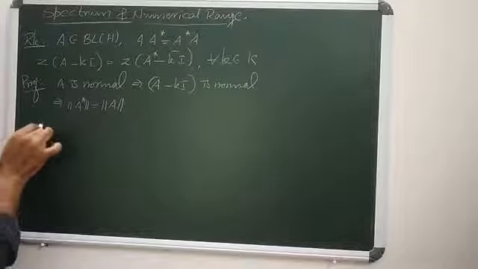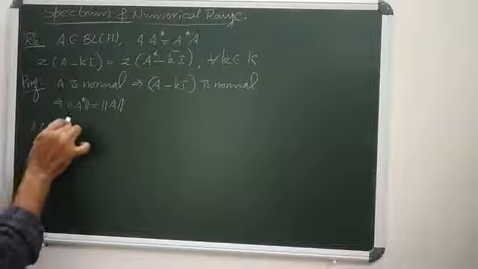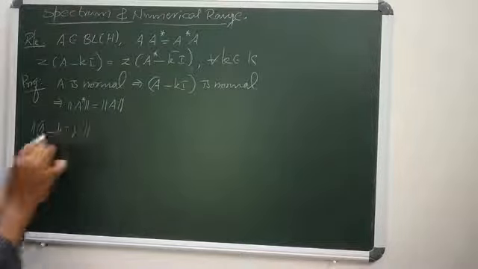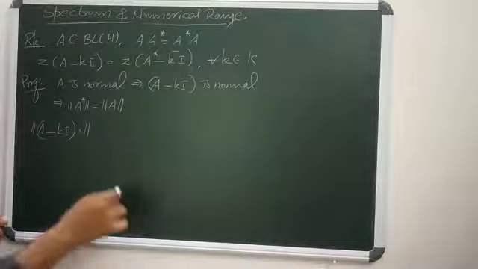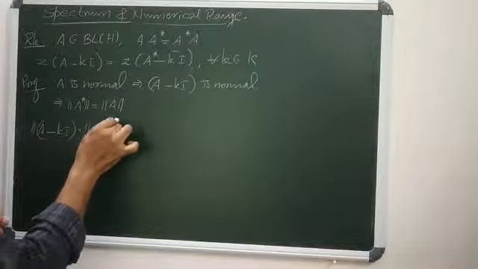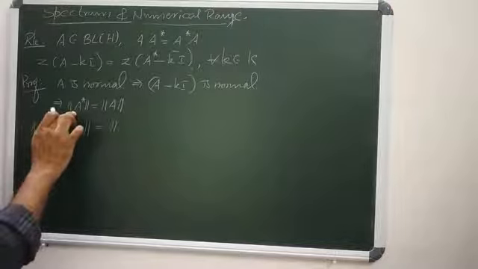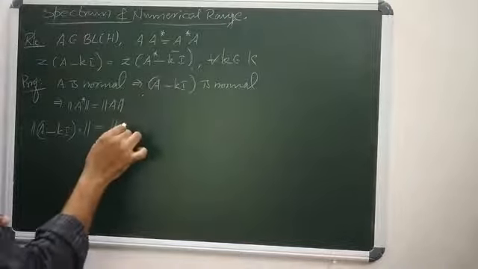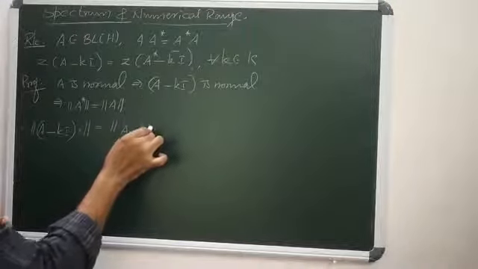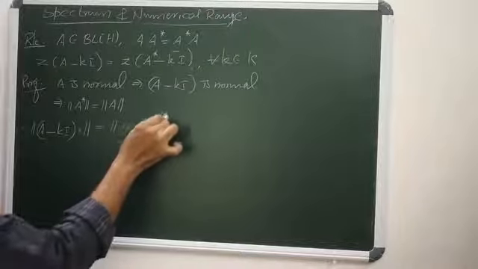Therefore, norm of (A minus k)x equals, since A is normal, norm of (A minus k)*x.